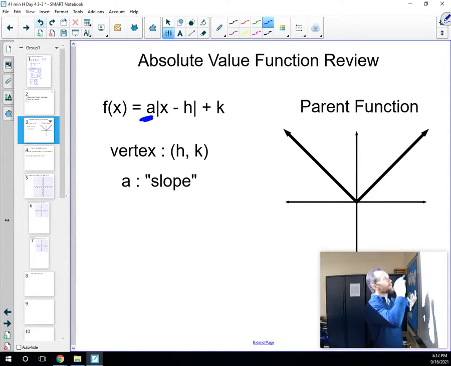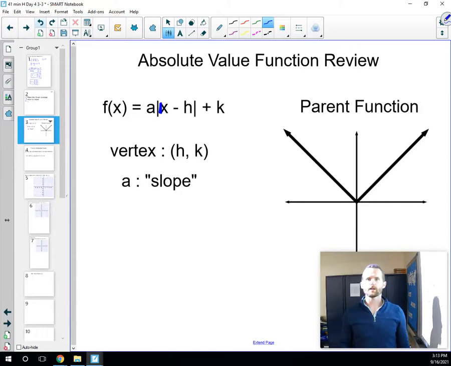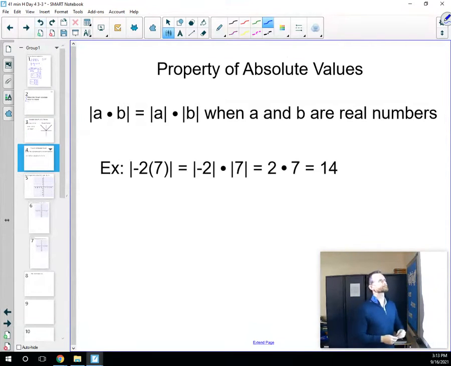Not the a value, the number in front of x. That number must be a 1. There must be an invisible 1 in front of our x. Otherwise, it's not in vertex form. So if you see anything besides a 1 in front of that x, you've got to do some manipulating to create vertex form.